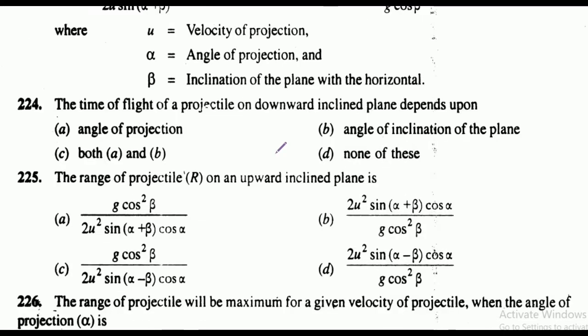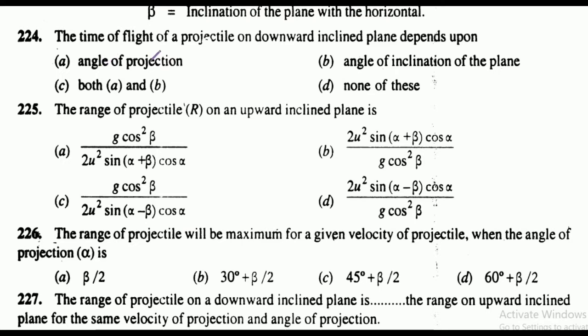Next is question 224. The time of flight of a projectile on downward inclined plane depends upon. Here friends, these are the options, and here correct answer for this question is option C, that is both A and B, means angle of projection and angle of inclination of the plane.